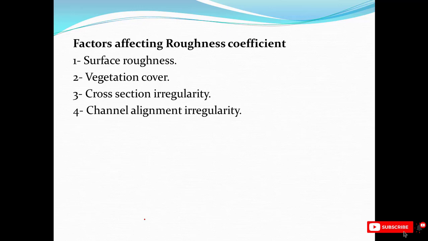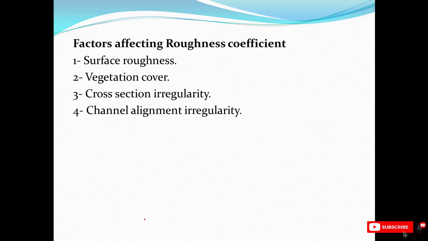Or vegetation cover, whether this surface has vegetation or not. Cross section irregularity: is it regular or irregular, meaning geometrically regular or irregular. Regular sections include rectangular, circular, trapezoidal, and triangular sections.